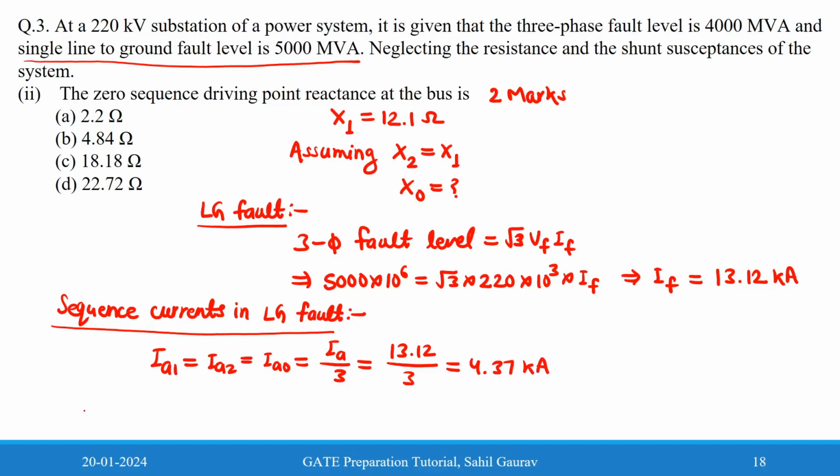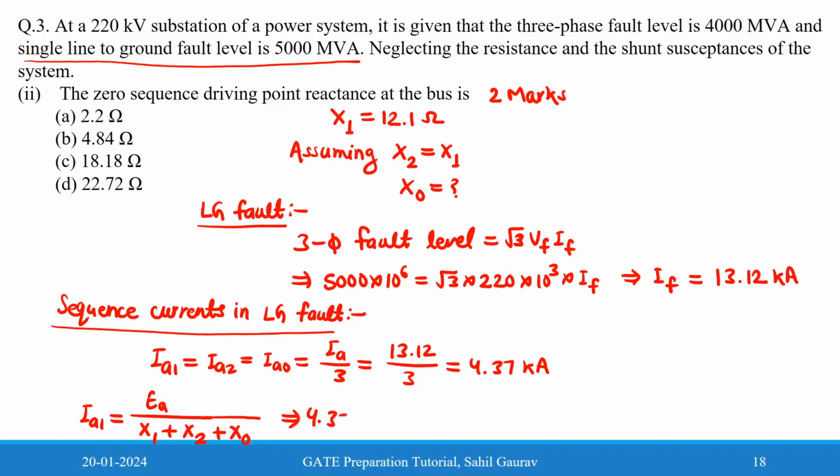From IA we know that IA is equal to EA divided by Z1 plus Z2 plus Z0. Better to write in X terms, so EA divided by X1 plus X2 plus X0. Here we are taking all the actual values.